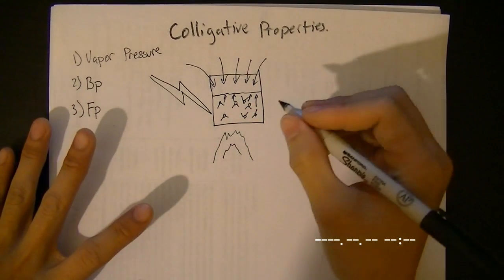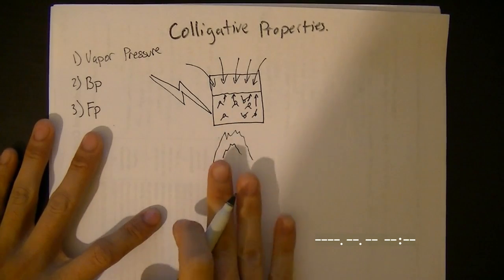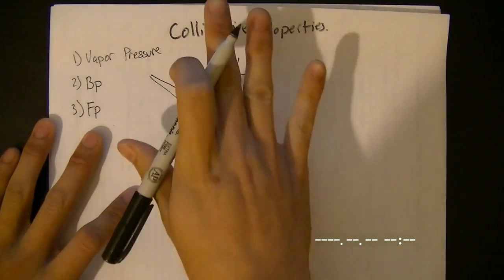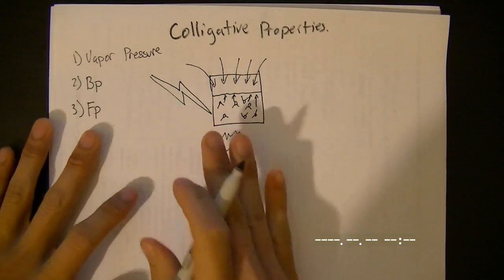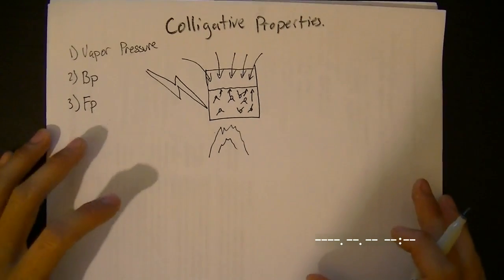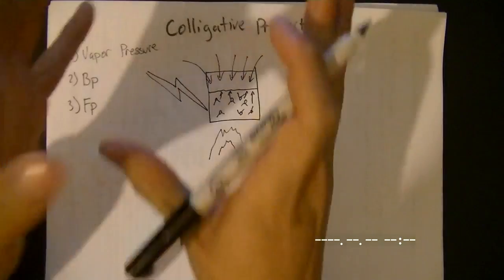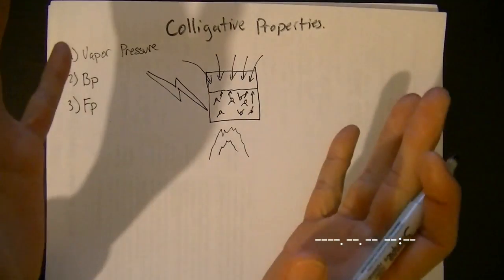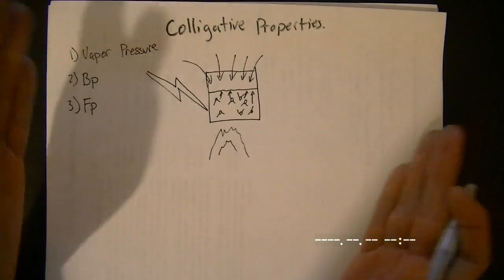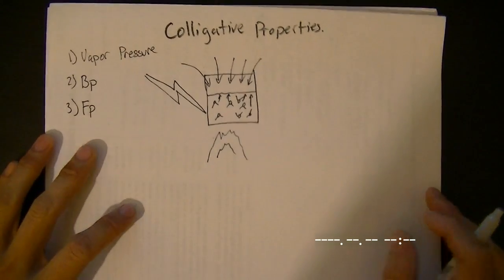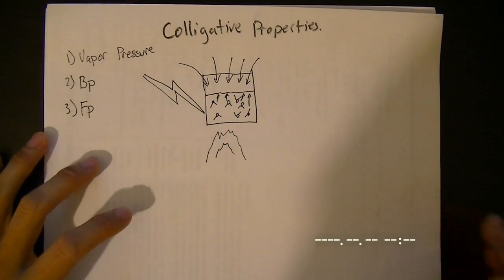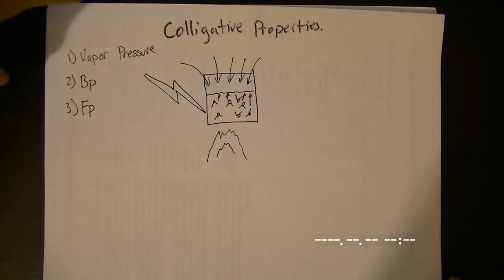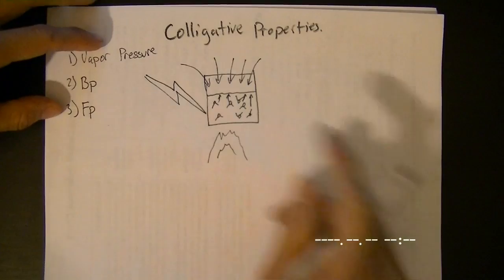There comes a point where the molecules' pressure pushing up exceeds the atmospheric pressure. And at this point, we get vapor pressure. We get the pressure of the liquids leaving the liquid state and becoming a gas. And this can come in the form of evaporation or, again, boiling.